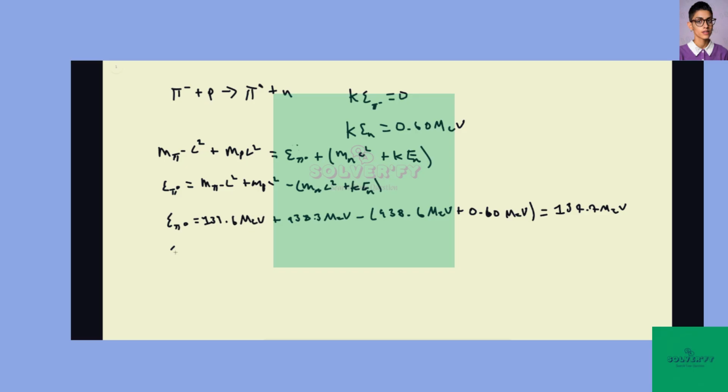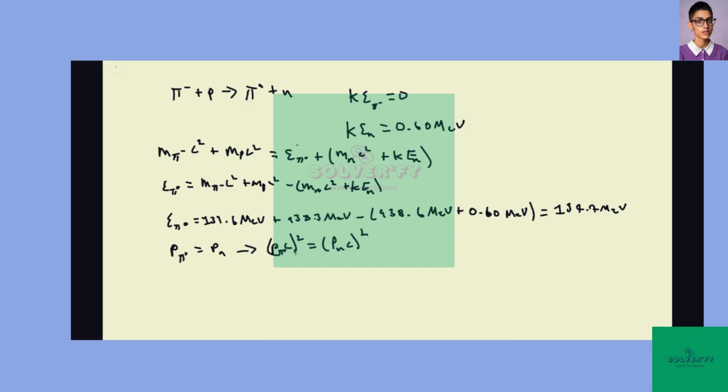So we can state that the momentum of the neutral pion is equal to the momentum of the neutron. Now we can also multiply by c. Sorry, let me rewrite that. The momentum of the neutral pion times c is equal to the momentum of the neutron times c.